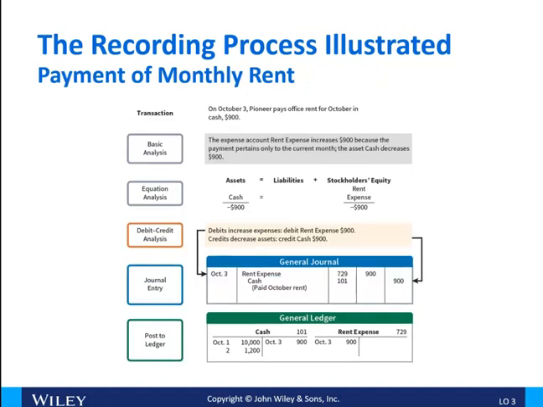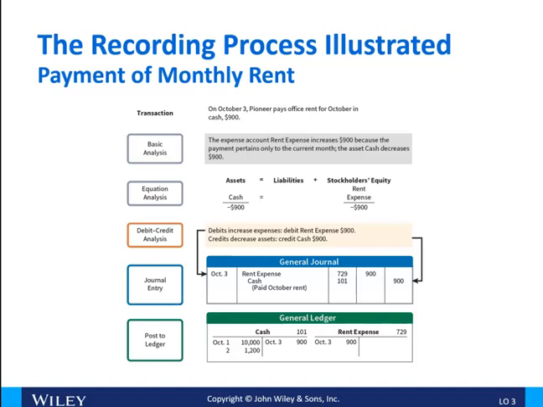Monthly rent, same thing. We paid office rent for October in cash. Analyze the transaction. We're going to decrease our assets, decrease cash because we spent it. We're going to increase rent expense, but it actually decreases stockholders' equity. Again, expenses and dividends act differently on stockholders' equity.